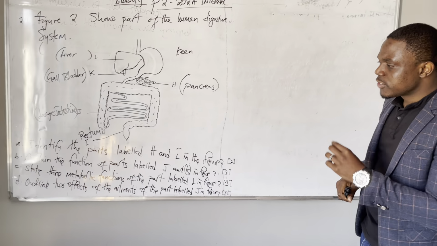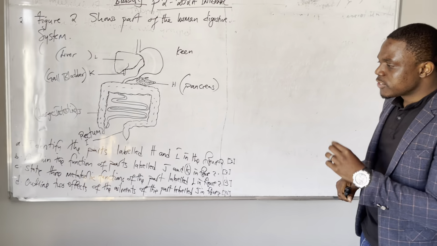So abdominal pain and what? Anal pains and bleeding. So we have got that one there.